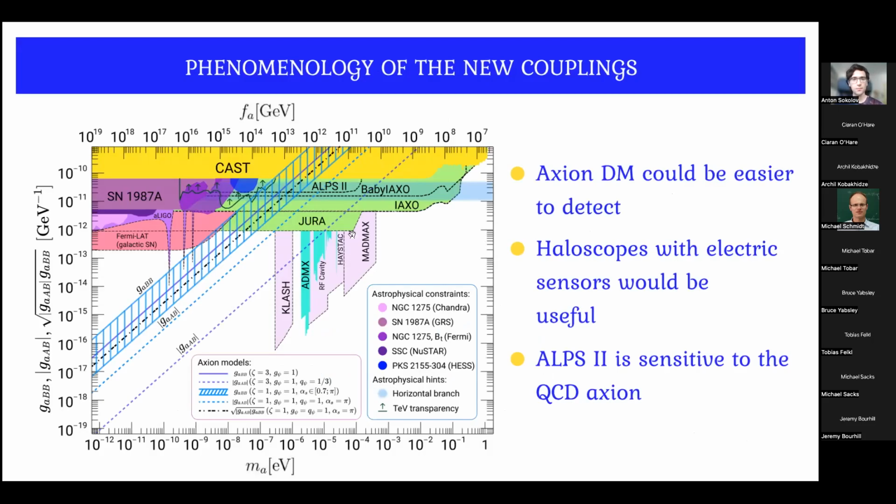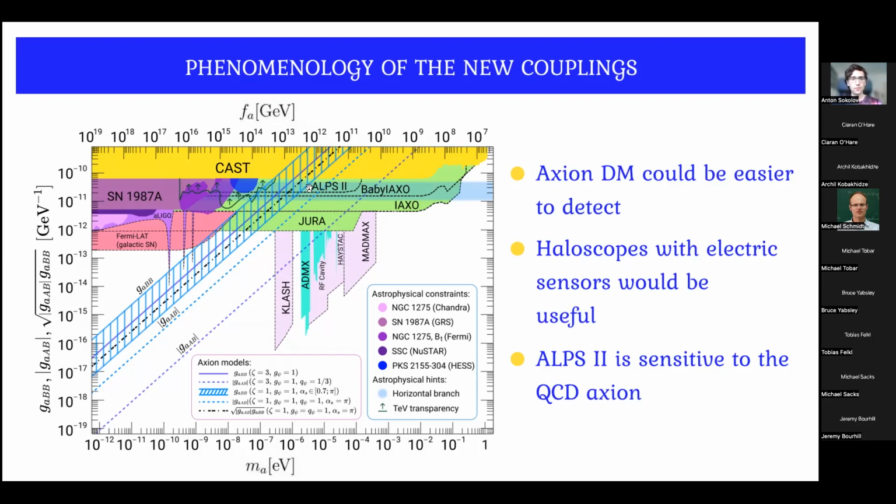It can be summarized on this plot here. I show these BB, AB couplings in different models, so we have quite a few lines and some bands. We can populate all the parameter region here now. And you see that axion dark matter could be easier to detect, as I said.